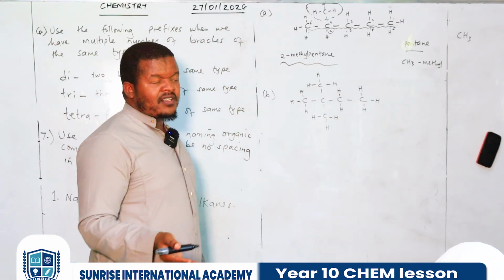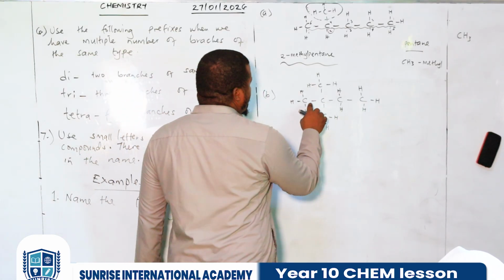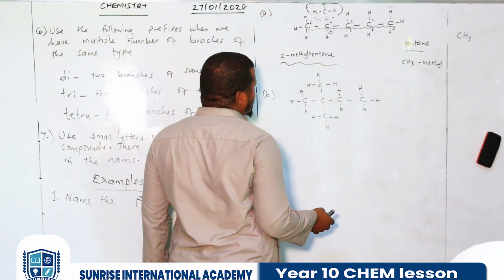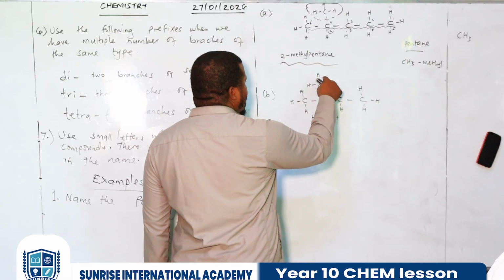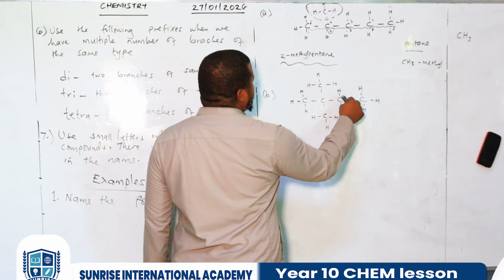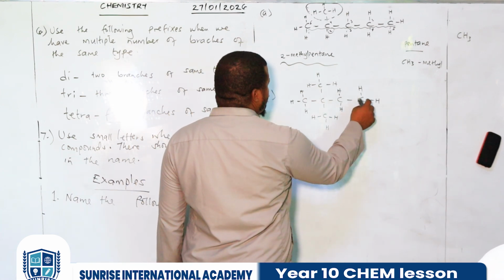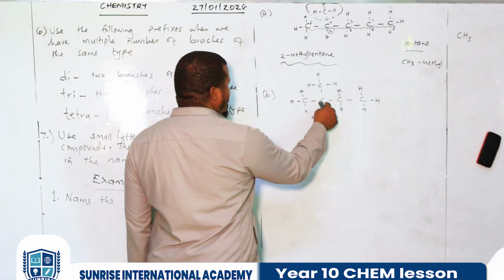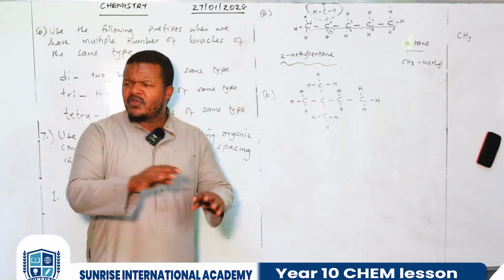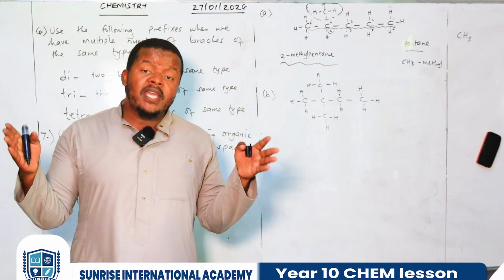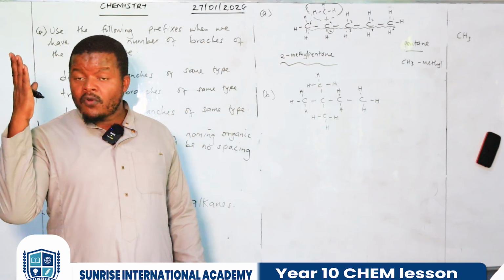So 3 is less than 4, so we discard that one. That is also out. Or you can start from here: 1, 2, 3, 4. Whichever way I look at it, the biggest number of carbon atoms is 4.